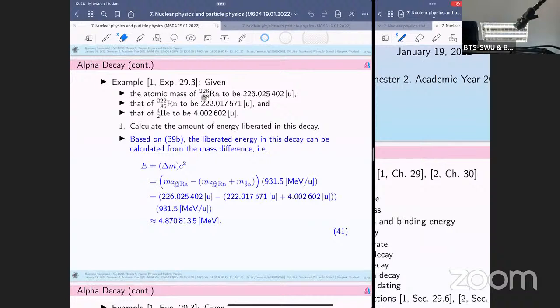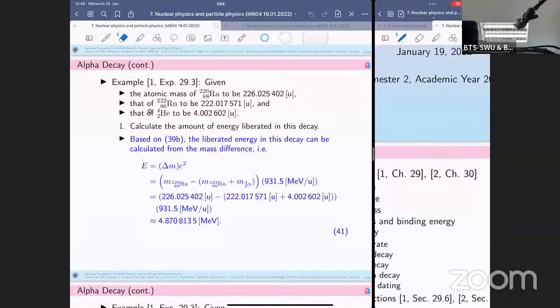And the atomic number, the number of protons, is 88, and they have provided the atomic mass as 226.025402, and the unit for this is the atomic mass unit, the u unit.